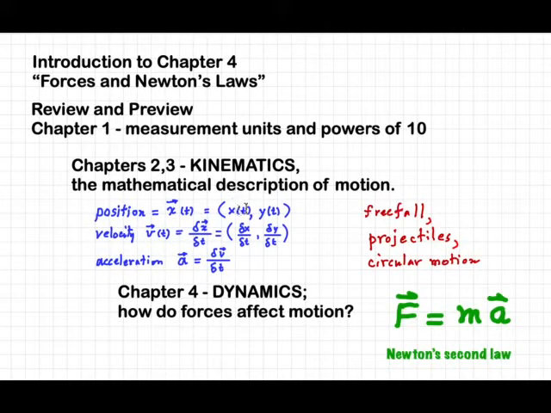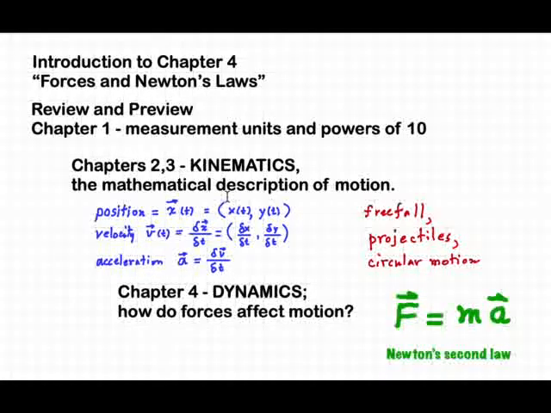Or in terms of Cartesian coordinates, it's delta x over delta t in the x direction and delta y over delta t in the y direction. And then finally, acceleration is a third vector. It's the rate of change of velocity, delta v over delta t.